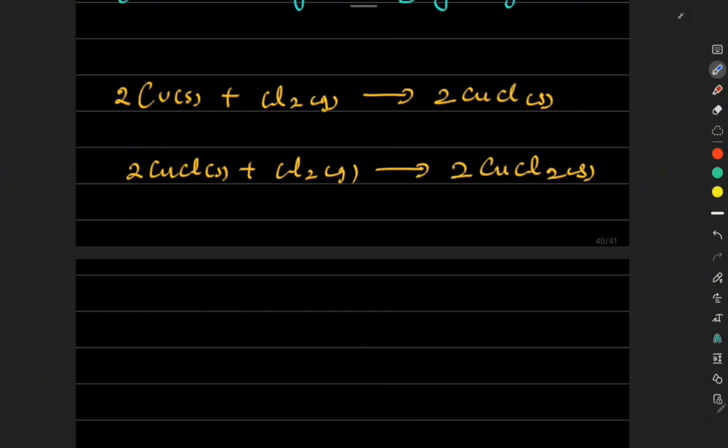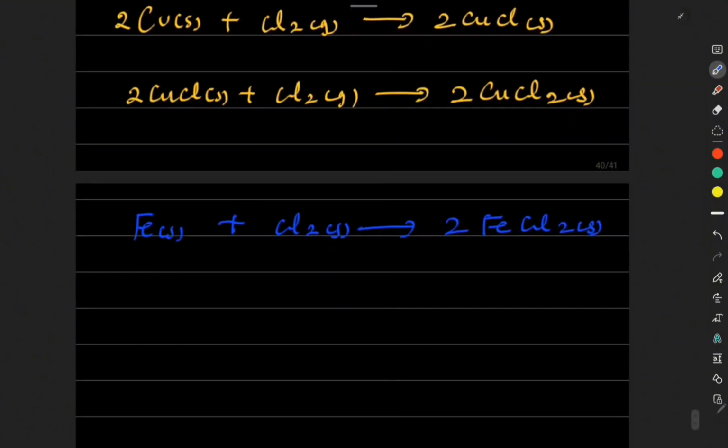Fe solid plus Cl2 gas produces FeCl2 solid, similar to copper.